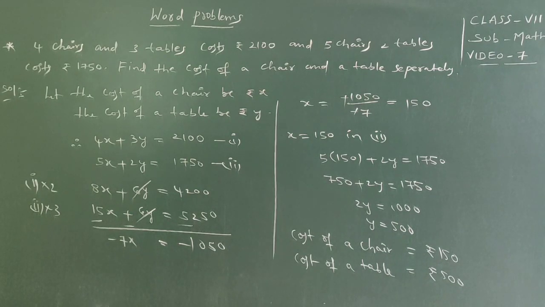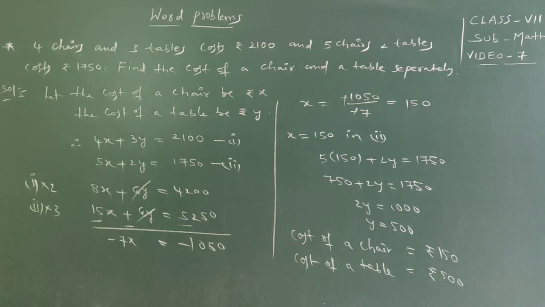Four chairs and three tables cost 2,100. Five chairs and two tables cost 1,750. Find the cost of a chair and a table separately. Let the cost of chair be x, cost of table be y. Then 4x plus 3y equal to 2,100, 5x plus 2y equal to 1750. For the elimination, first equation we multiplied with 2, second equation multiplied with 3.